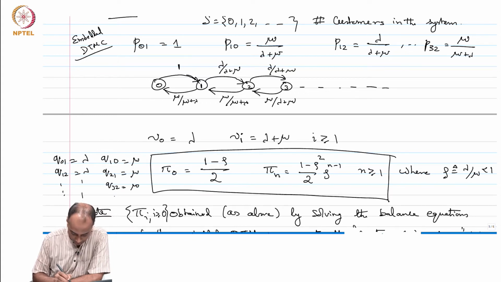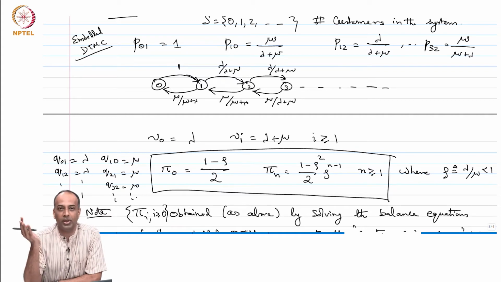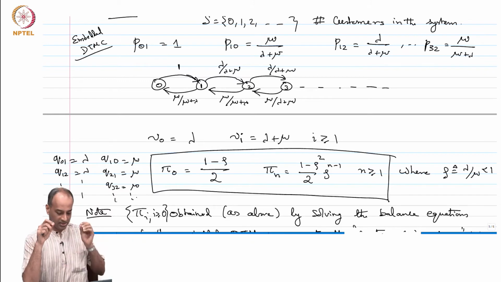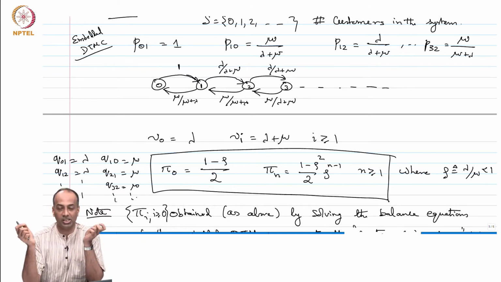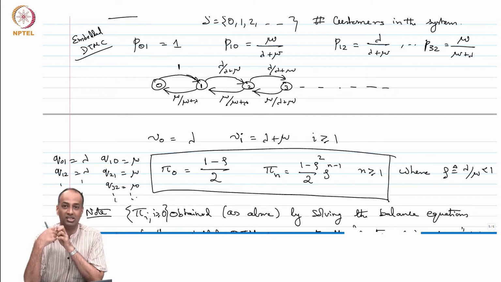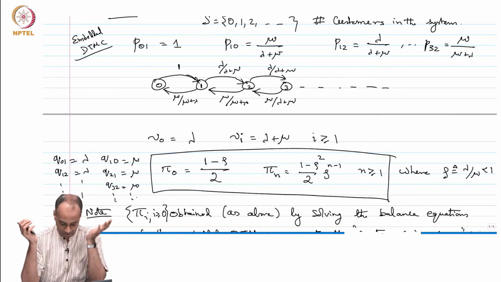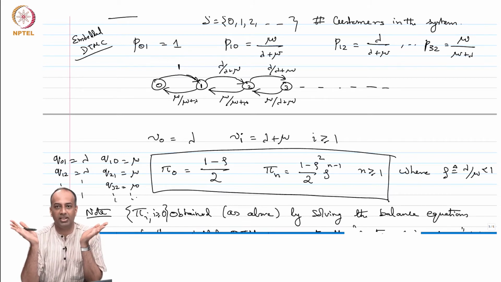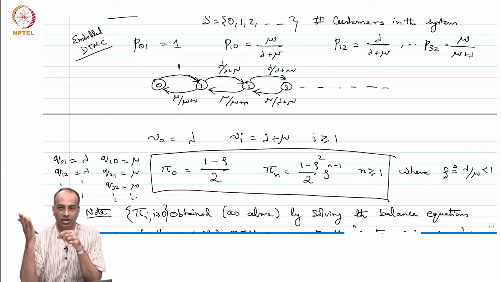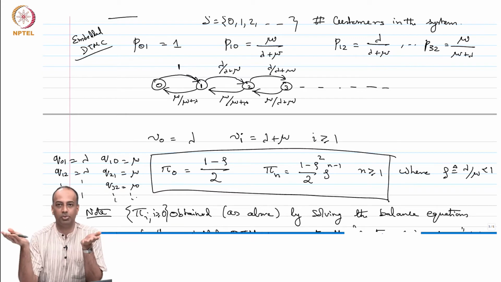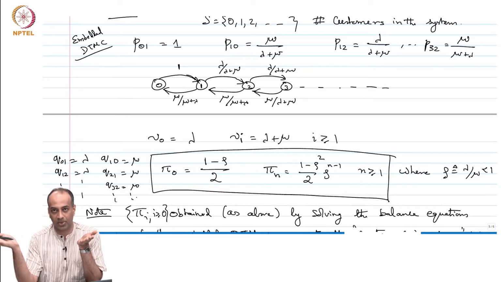So, Qij is just nu i times Pij, you can look at it that way, or you can look at it as whenever I am in state 0, I have only one exponential, a lambda exponential. In all other states, I have a competition between the arrival exponential and the service exponential, which are of rates lambda and mu respectively. So, in any CTMC, this perspective is valid. Whenever I am in state i, for every state j there is an exponential Qij, independent across the states, and whichever exponential wins, I will transition to that state.